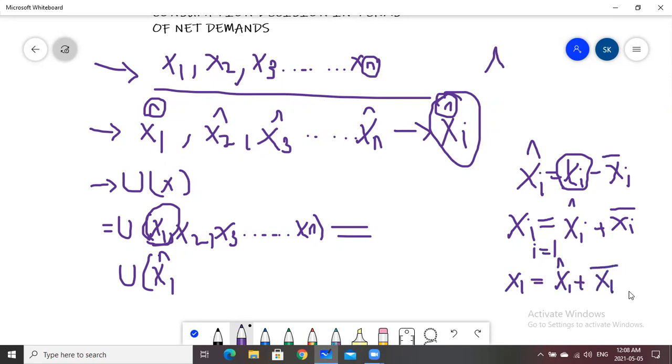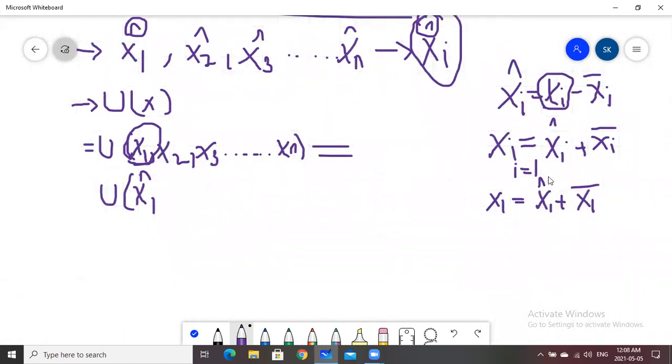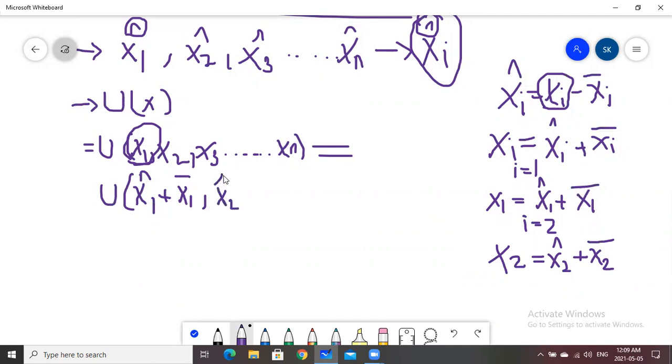Now let i be equal to 2. I'll just do it for these two i's and then I hope you'll understand how I will write the other equations. Then x2 is equal to x2 hat plus x2 bar. So in place of x1, we will write x1 hat plus x1 bar, then x2 hat plus x2 bar.